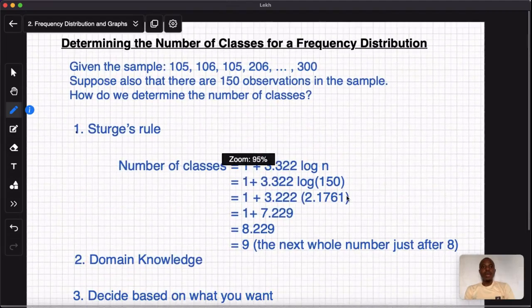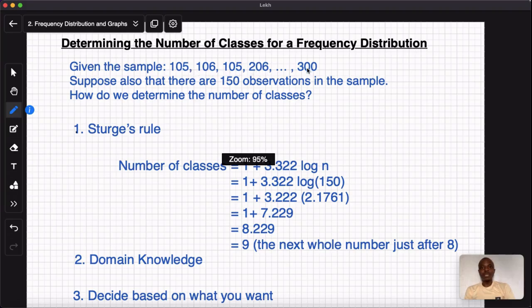We have done all of that, but what if we want to determine the number of classes for a frequency distribution? Imagine that I have the sample 105, 106, 105, 206, and 300, and the data is in such a way that there are 150 observations.